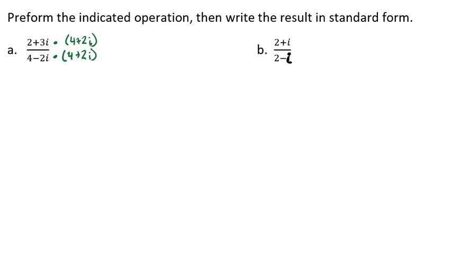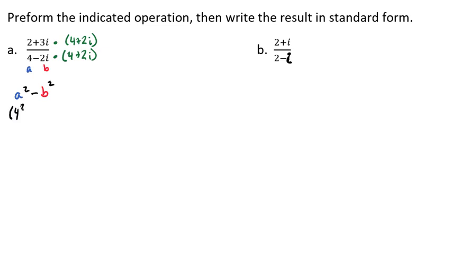So remember, from multiplying complex conjugates, this is our a value and this is our b value. And when we're multiplying complex conjugates, we are able to take the a squared and subtract the b squared as a shortcut, so that way we don't have to FOIL the entire denominator.